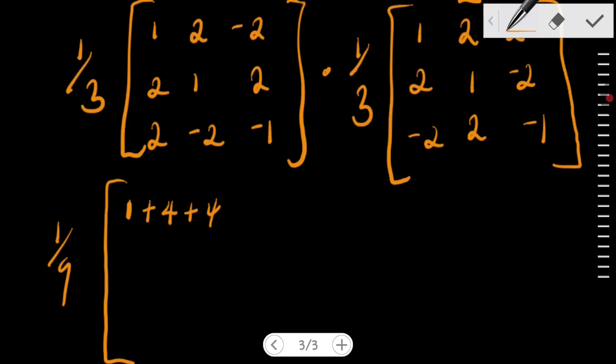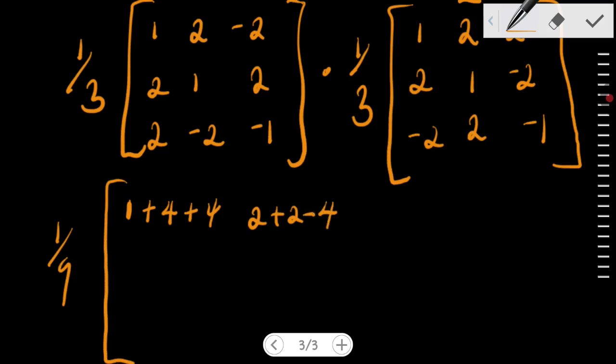Now 1 times 2 gives 2, then 2 times 1 gives plus 2, then negative 2 times positive 2 gives minus 4.